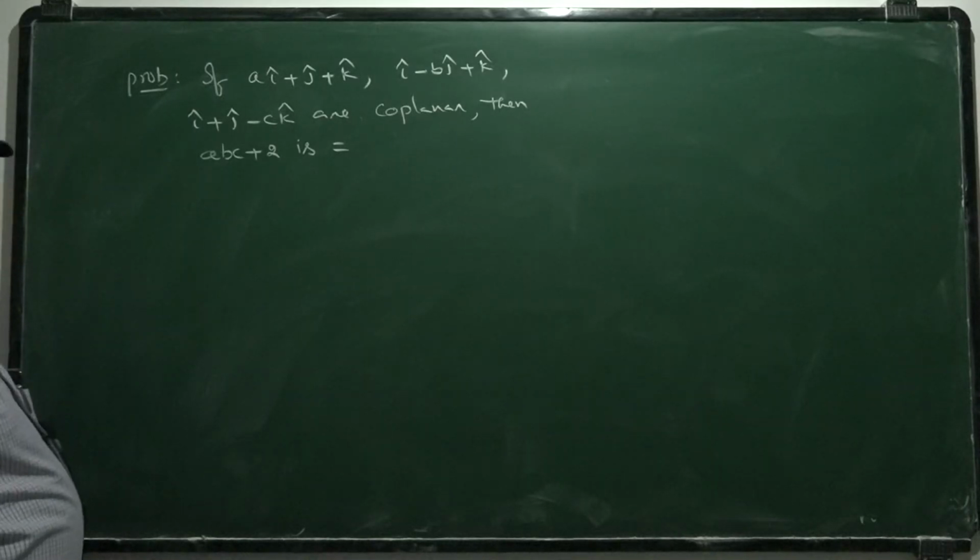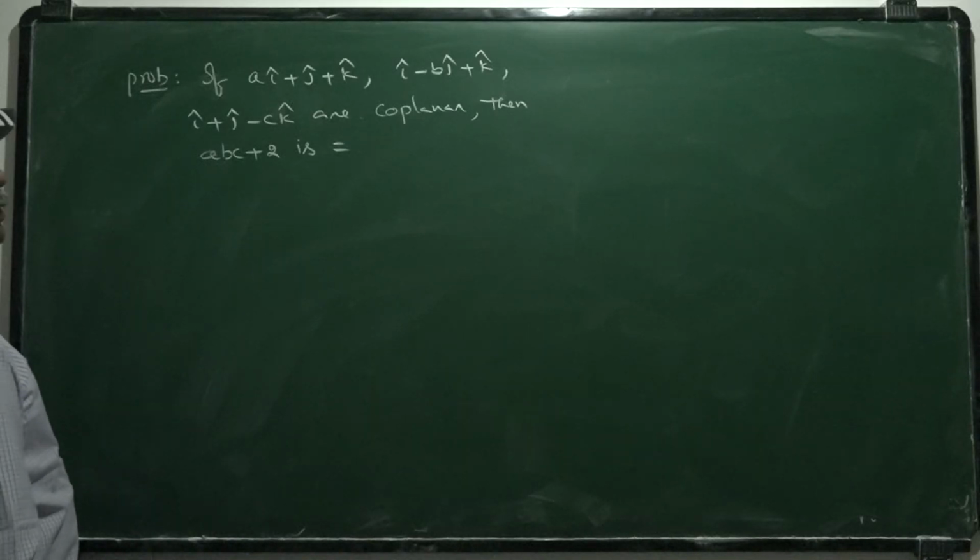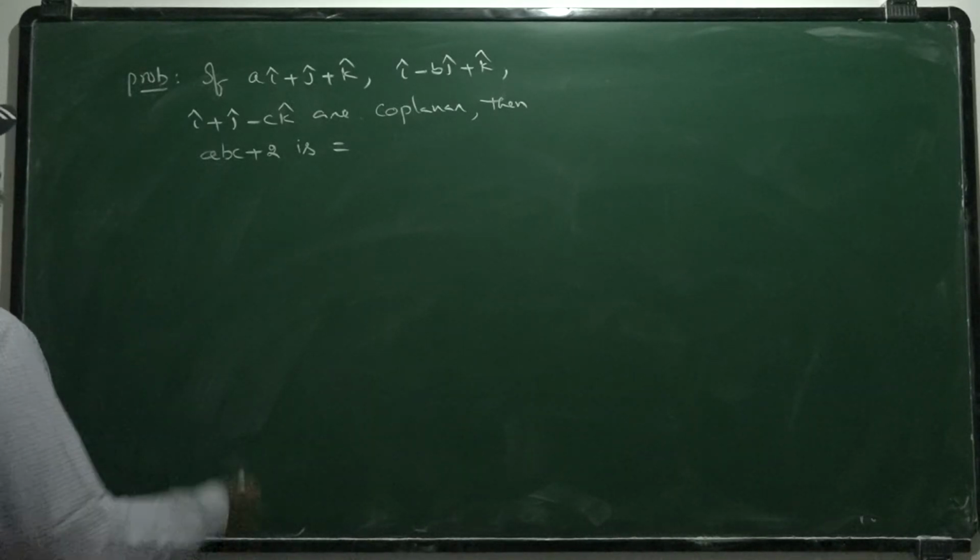The given vectors are coplanar. In such a case, find the ABC plus 2 value.